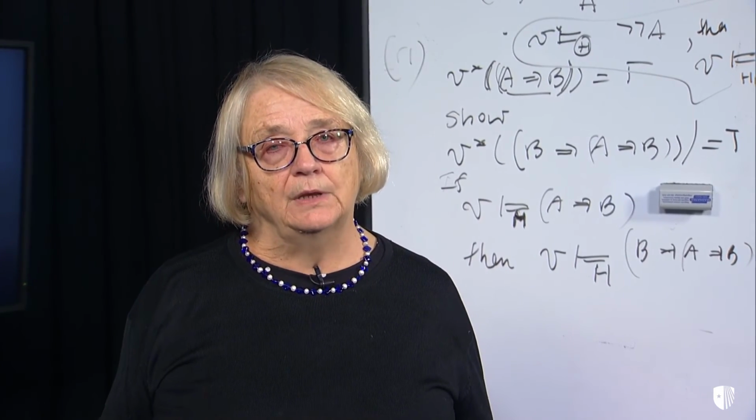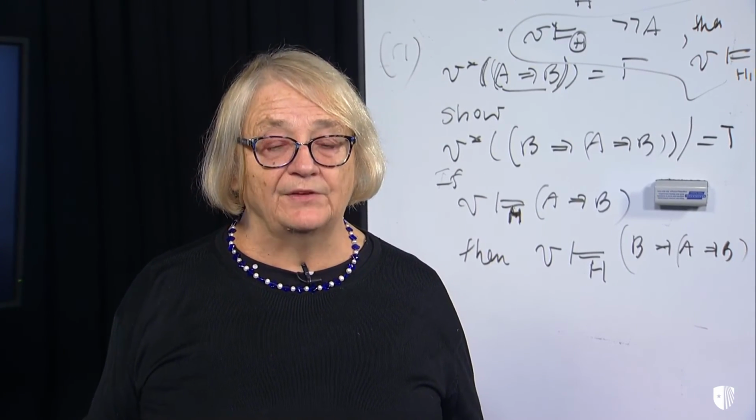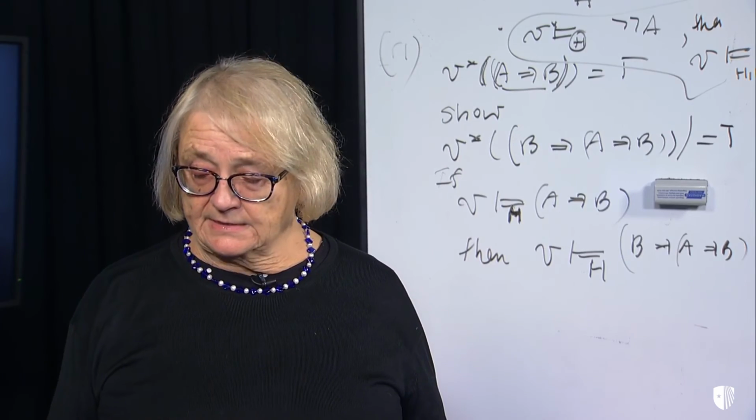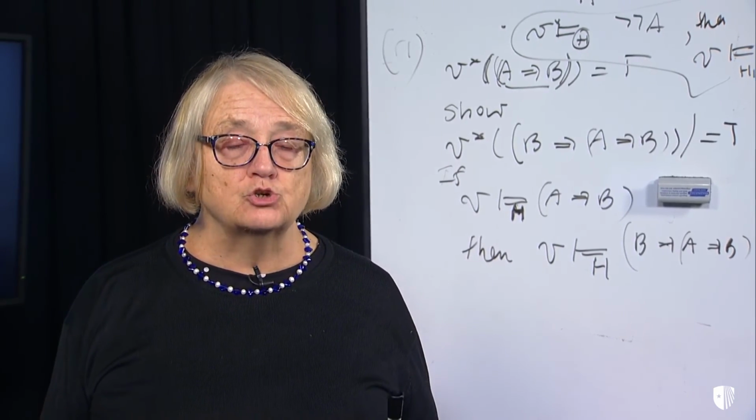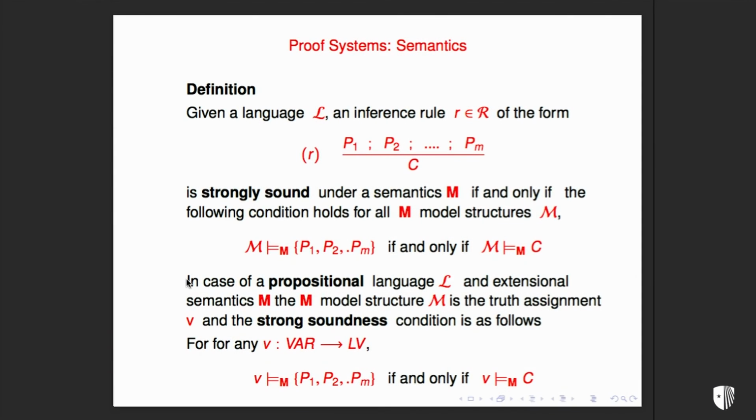This is for the system we will consider for automatic theorem proving. It is a notion a little bit stronger than the notion of soundness of the system. We say that a rule is strongly sound under a given semantics if and only if, the condition is not if-then but if and only if.